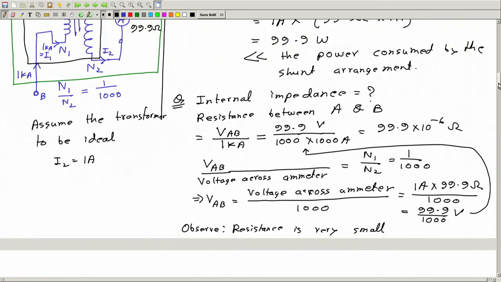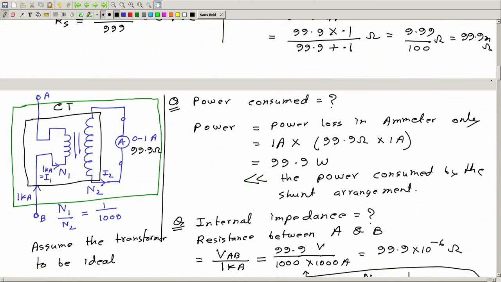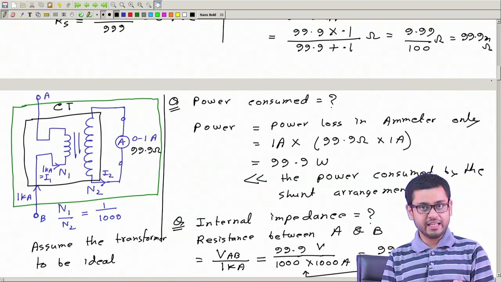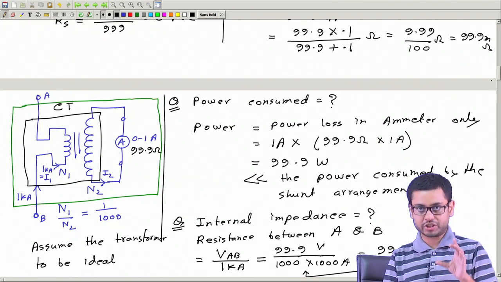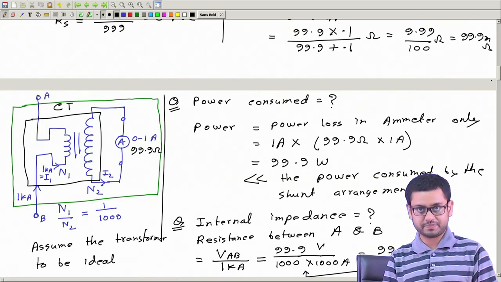So this internal resistance is much smaller, and when measuring a current with any instrument, we want the instrument to have small internal resistance, right? So for ammeters we want ideally 0 resistance. The lower the resistance, the better, because then there will be less voltage drop across the measuring instrument, so the original current will not change much.